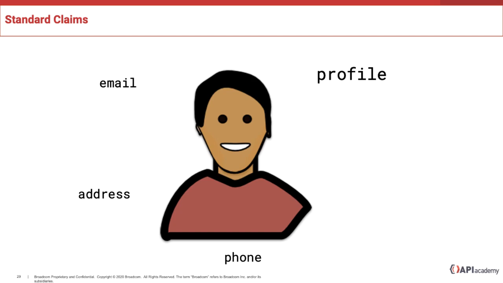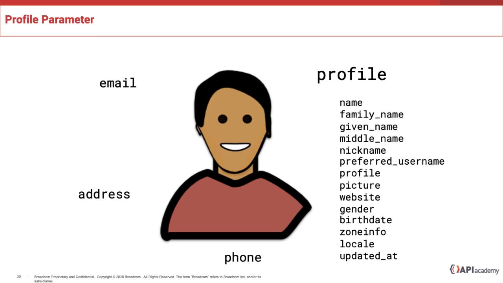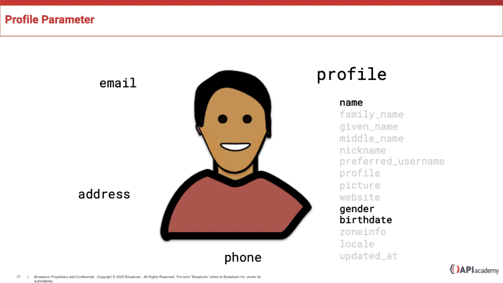These are also known as standard claims. For OpenID Connect, the profile parameter has the most variety of claims, which can also include name, given name, nickname, picture, gender, locale, and birth date, to name a few. For simplicity, the scope for our example is name, gender, and birth date.